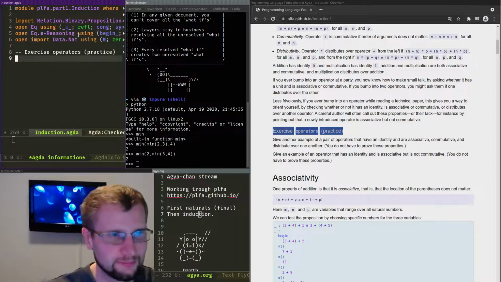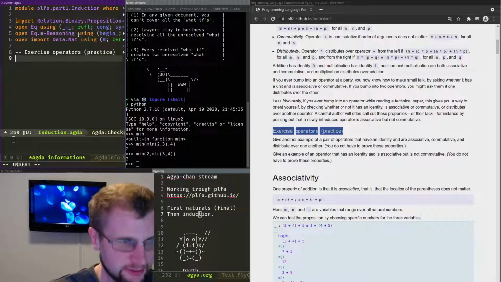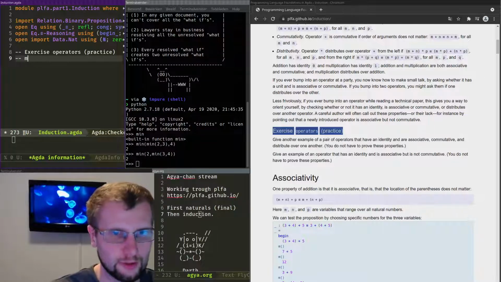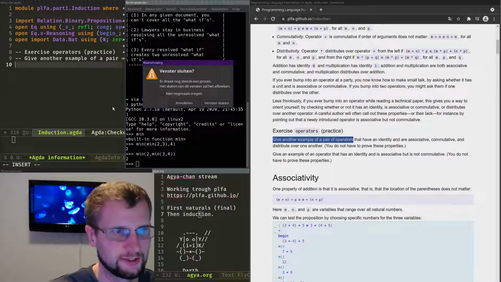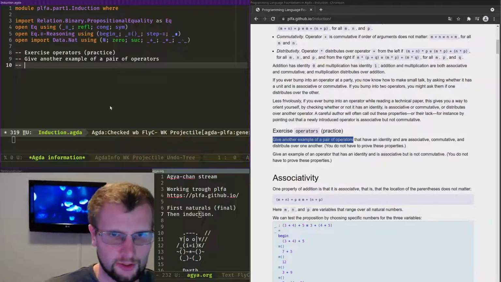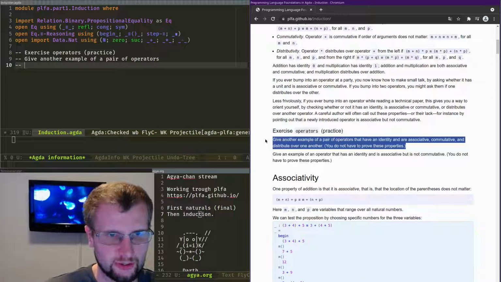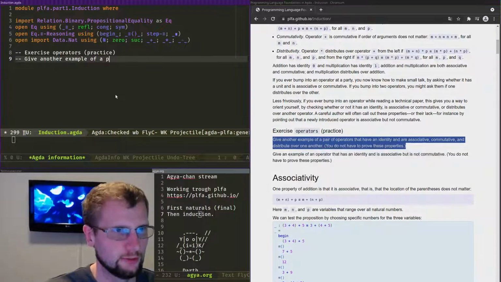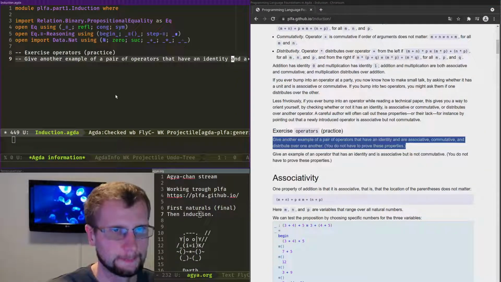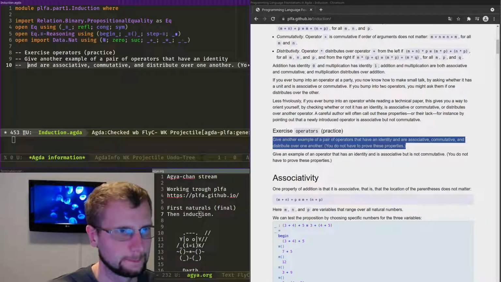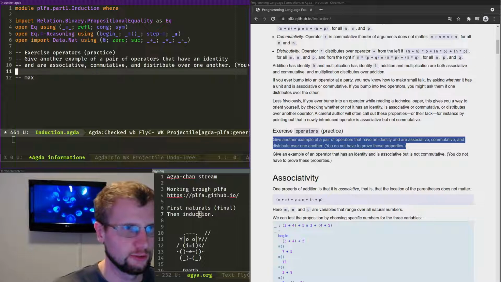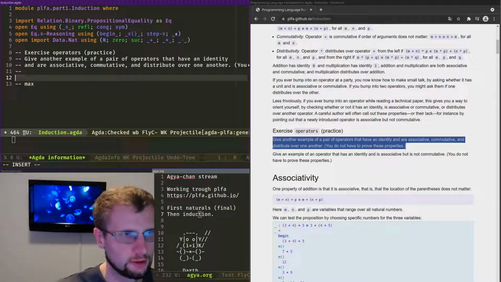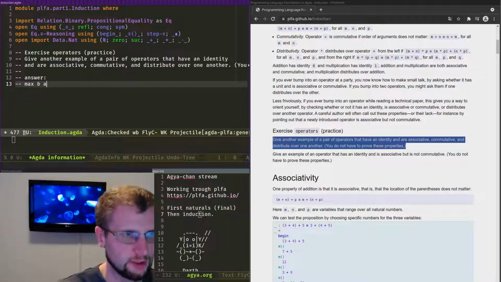Cool. Okay. Great. We'll write these down. Give an example of a pair of operators. Blah, blah. Maybe I'll just copy over the entire exercise, otherwise you don't know what it is, right? Okay. So the answer would be max and min.